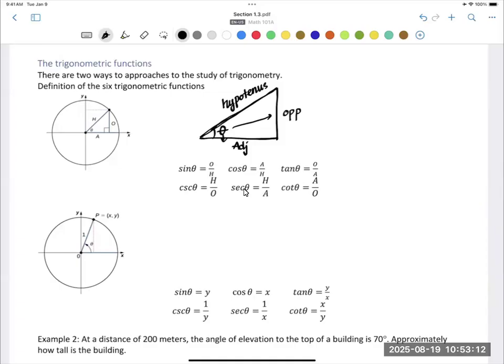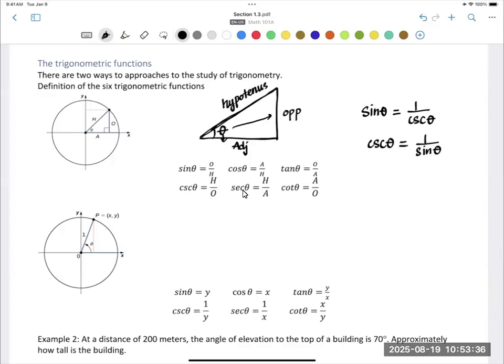And the last three trigonometry functions start with cosecant. Cosecant is the reciprocal of sine. So sometimes you may see sine theta equals 1 over cosecant theta, because they are reciprocals of each other, or cosecant theta is 1 over sine theta. They go by pair.